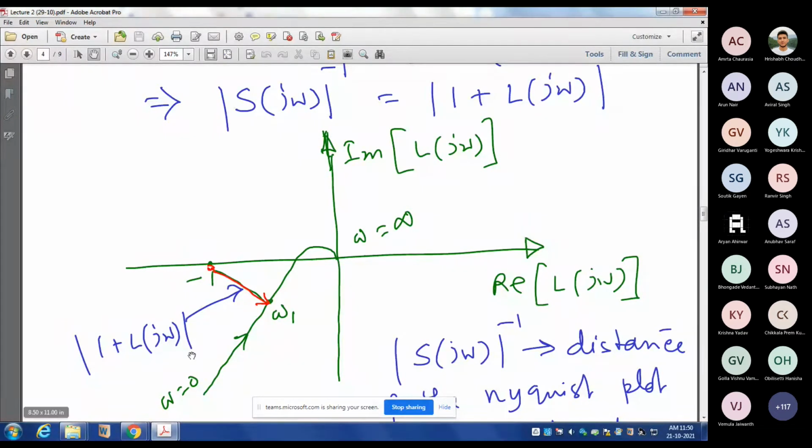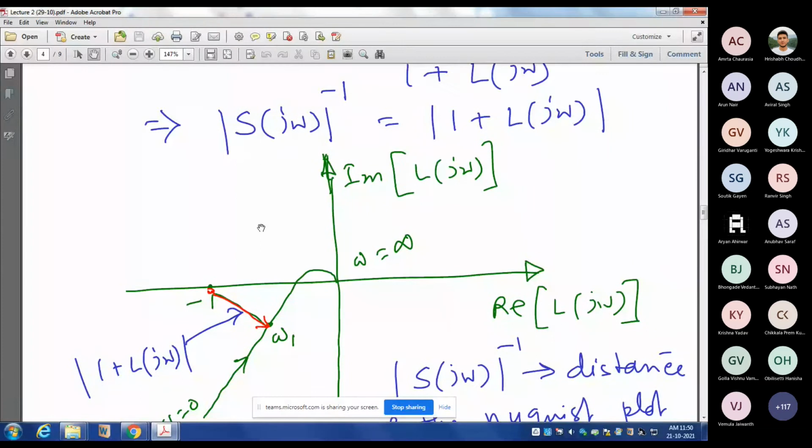So you can easily see that S j omega inverse is what? The distance of the Nyquist plot from the -1 point. What is the physical meaning of S j omega inverse in the Nyquist plane, or you can say in the L j omega plane? S j omega inverse is the distance of the Nyquist plot from the -1 point.